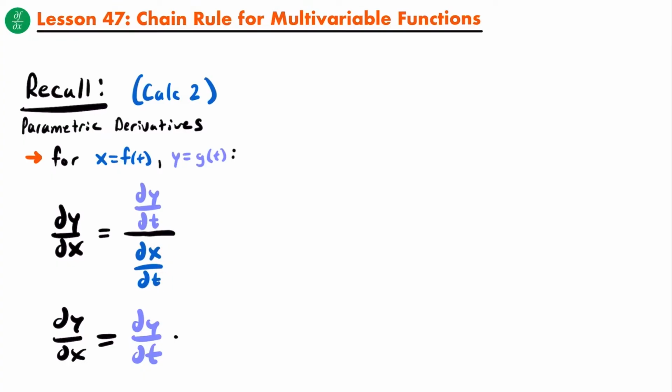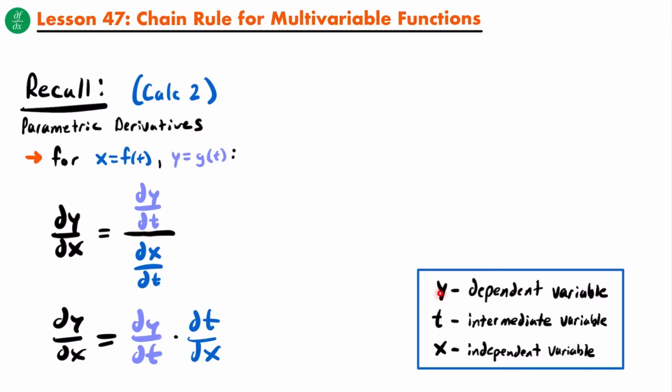Flip the numerator and denominator, and multiplying by that fraction would be the same as dividing by this fraction. All right, so we'd multiply by dt dx. So the derivative of y with respect to x would be equal to dy dt times dt dx. Technically, those dt's would cancel out, just like the du from earlier, and you would still have dy dx is equal to dy dx. Okay, that was the idea of a parametric derivative.